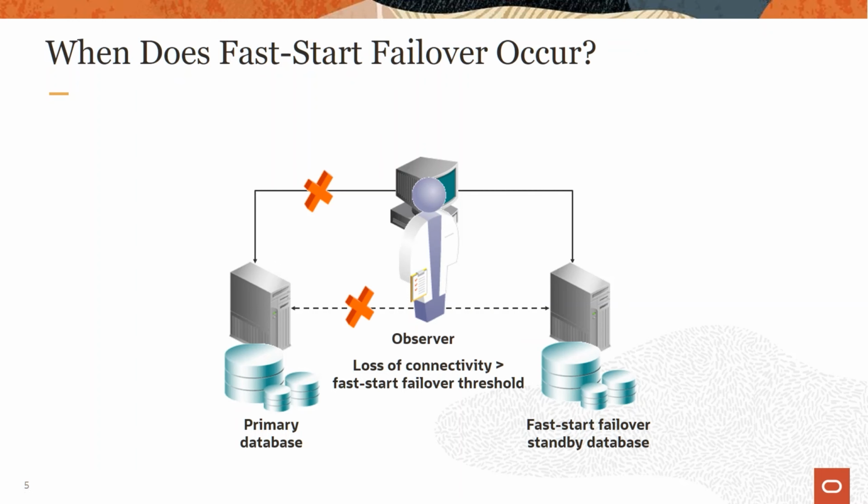If the observer has lost the connection to the primary database and also the standby database has lost connectivity to the primary database, if both conditions are met, then fast start failover will be initiated, and that's one condition. So, time-based, connectivity-based fast start failover.